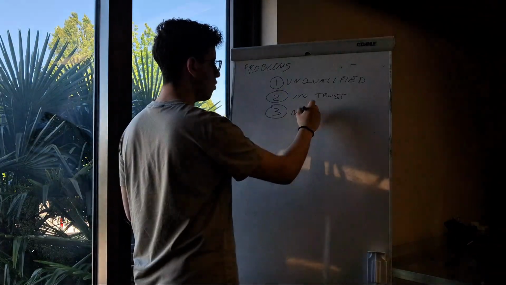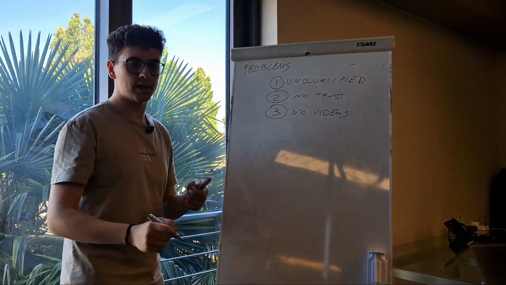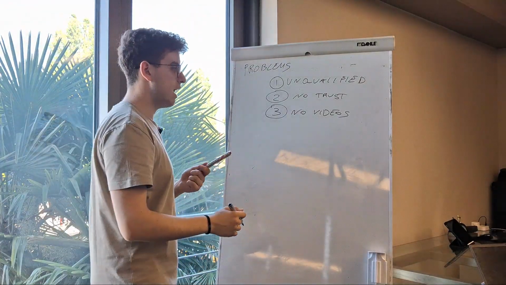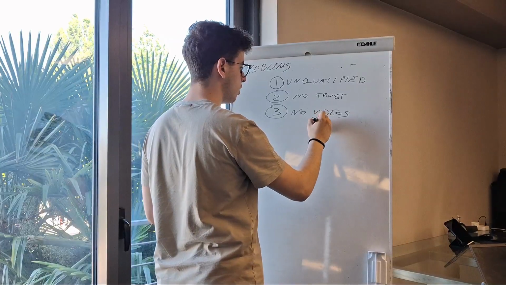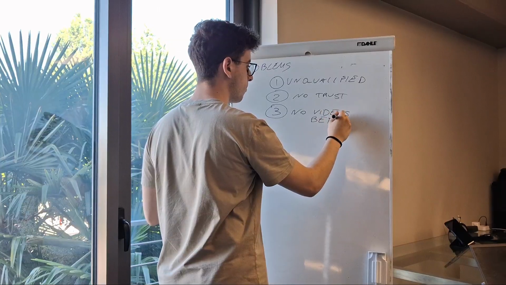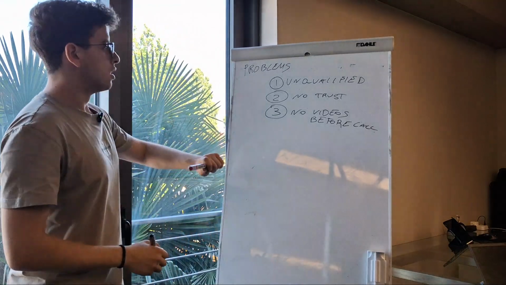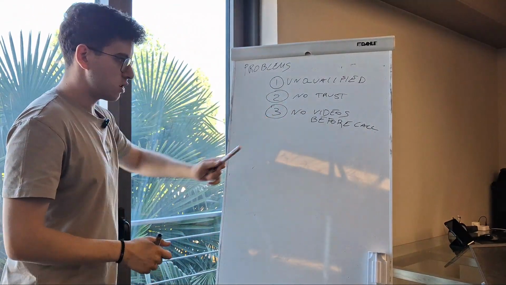And then we had no videos. The majority of people that got inside the call didn't watch anything before the call in long-form. So unqualified, no trust, no videos before the call.